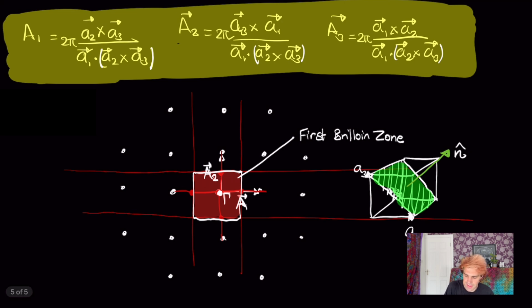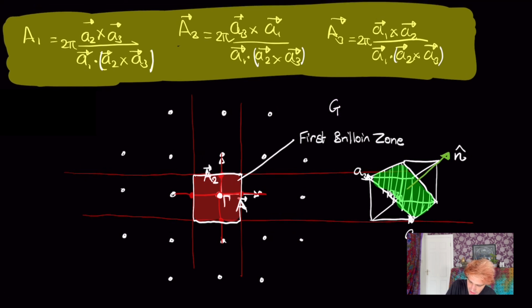That should make intuitive sense, given that G is equal to h a1 plus k a2 plus l a3, given that h, k, and l are the Miller indices right here. And the final quite interesting property, and this is quite a specific example, is that the reciprocal lattice of a face-centered cubic is in fact a body-centered cubic lattice in reciprocal space.